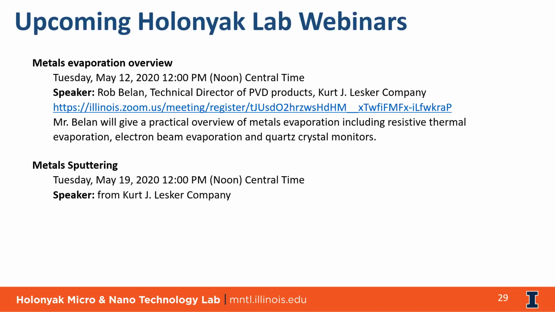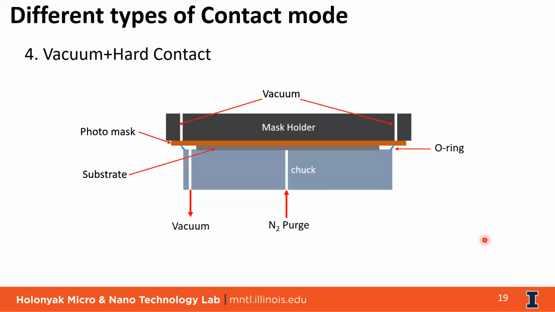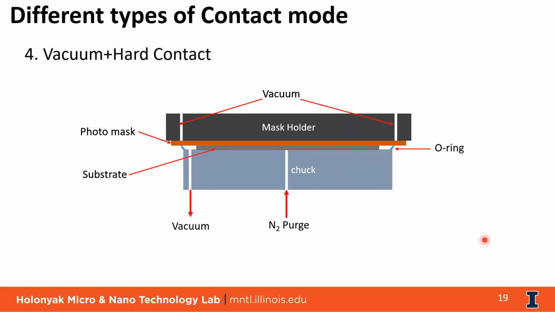Yeah, sure, Pan. When you use a different contact mode, it has its own advantages as well as disadvantages. As you said, if you want to get anything less than a micron or close to a micron, you can use either vacuum contact or vacuum plus hard contact to achieve it.